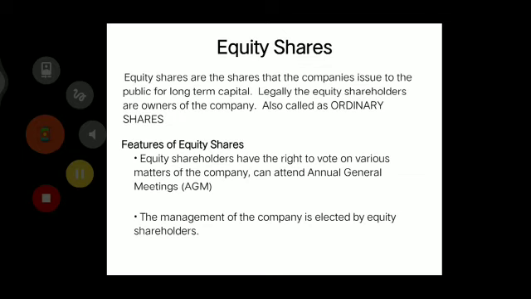If I am a shareholder of a company with some 10,000 shares, I'll have 10,000 votes. So I can cast my vote for any of my favorite candidates, and that person will become the director. The board of directors will then elect a person as the chairman, and they'll appoint one person as the managing director.